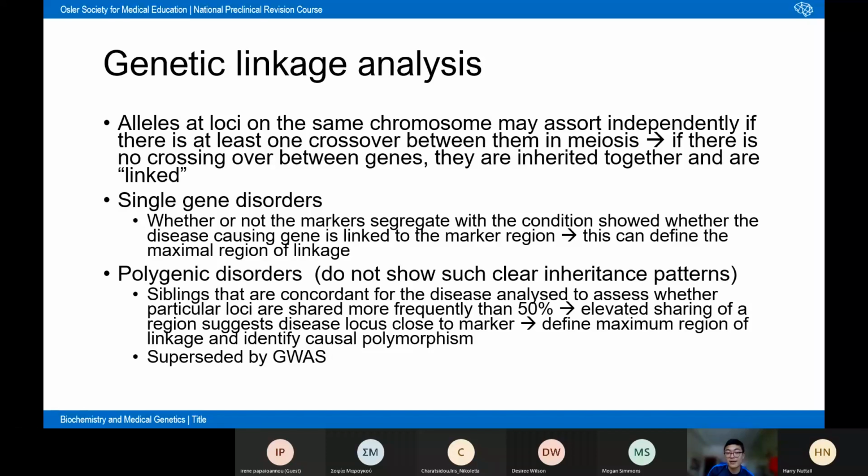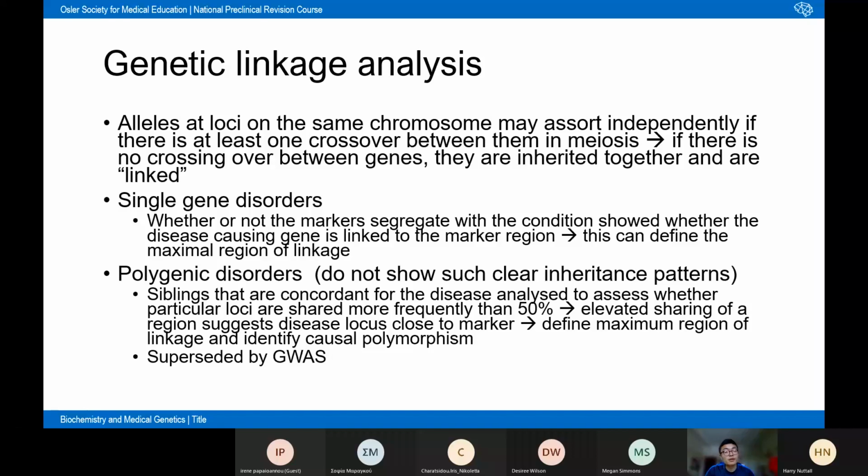This then defines the maximal region of linkage. Subsequently, we can use different databases to identify a list of genes within this region of the genome, and that's how we identify what we call candidate genes for the mutation, which are genes we suspect may be linked to the disease.